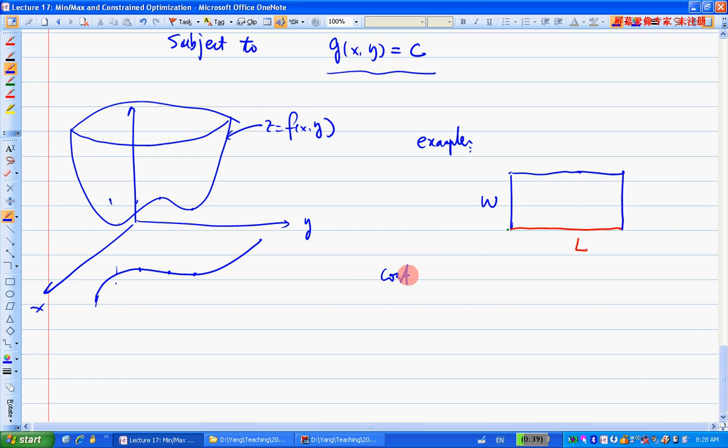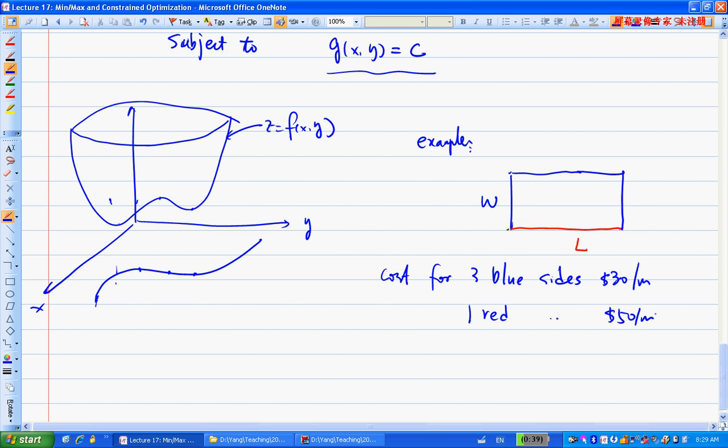The cost for these three blue sides is $30 per meter. And the cost for the one red side is $50 per meter.